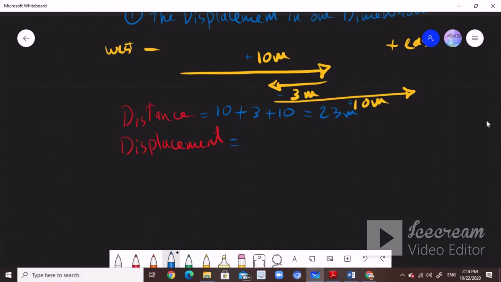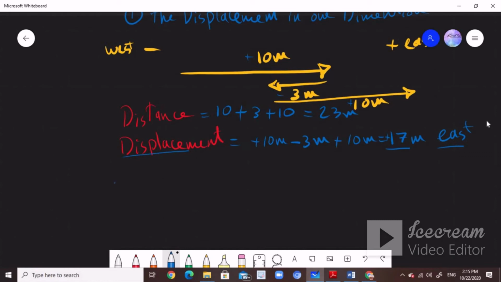It will be like that: 10 meters minus 3 meters plus 10 meters equals 17 meters to the east, because it will be positive at the end. Can you see that, guys? For displacement we have magnitude and direction. I think that's very easy to understand, to find the resultant or the displacement in one-dimensional motion.